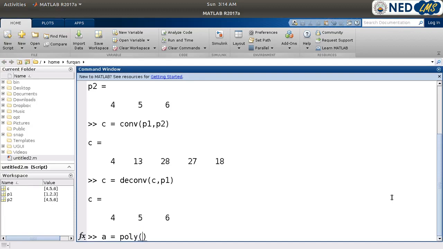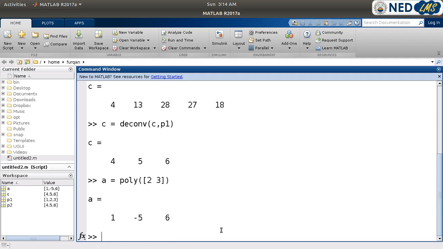If I have a polynomial with roots 2 and 3, the resulting polynomial will be, if one root is x equals 2 and the second root is x equals 3, a polynomial which is x square minus 5x plus 6.